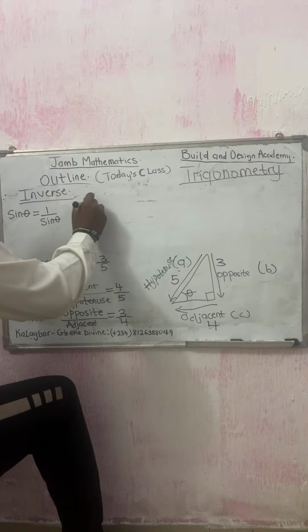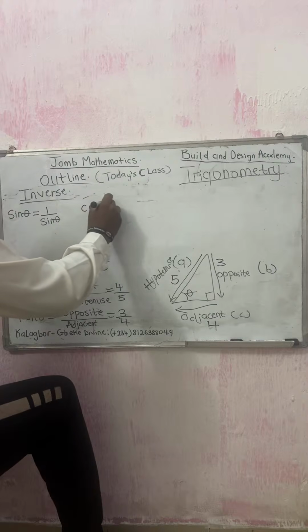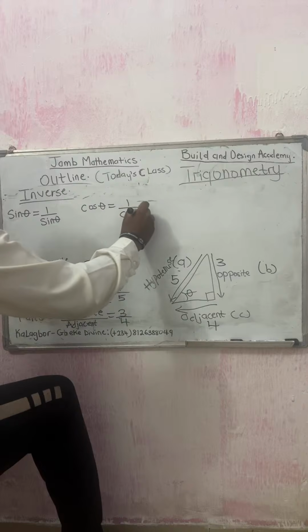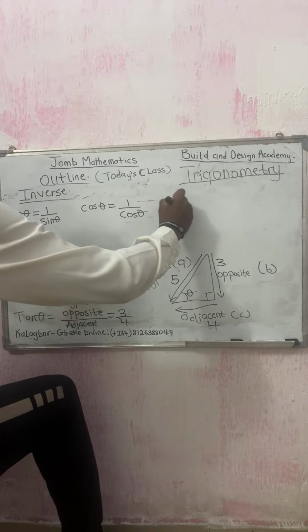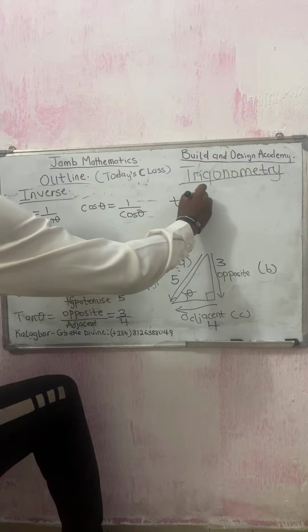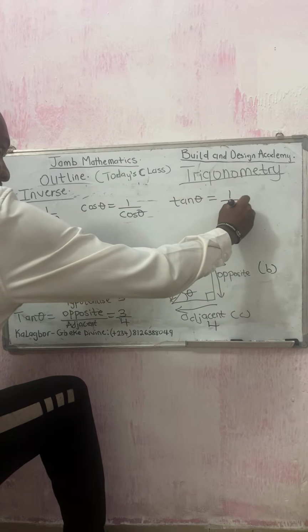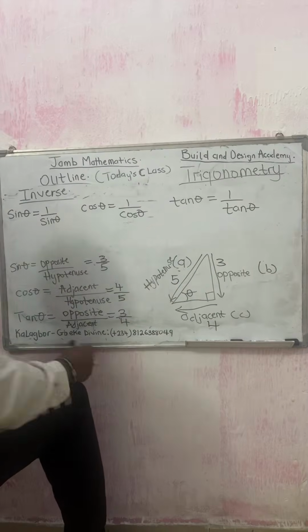Cos theta too, the inverse will be what? 1 over cos theta. And tan theta, the inverse will be what? 1 over tan theta.